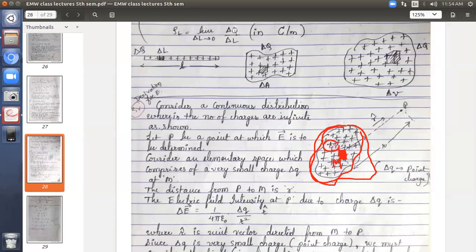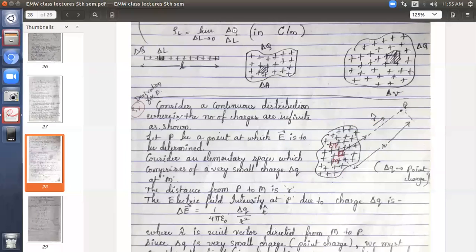It is delta Q. Instead of capital Q, I have taken small q, delta Q. And P is the point of observation where I have to find the electric field intensity. And what is the distance? The distance between the charges present in the space M and the point of observation where we want the field is small r, and this r cap indicates the unit vector.